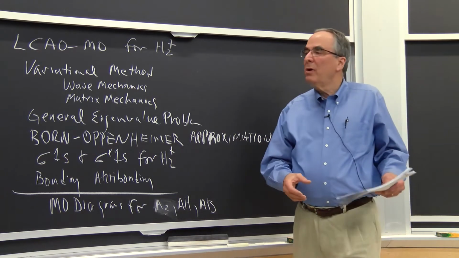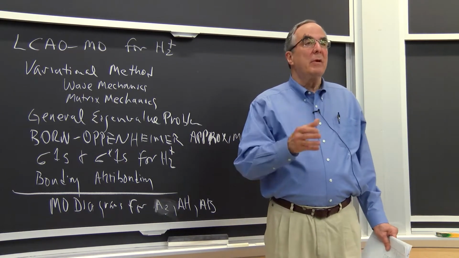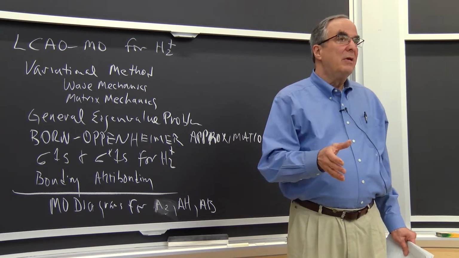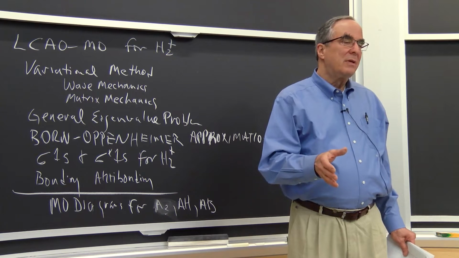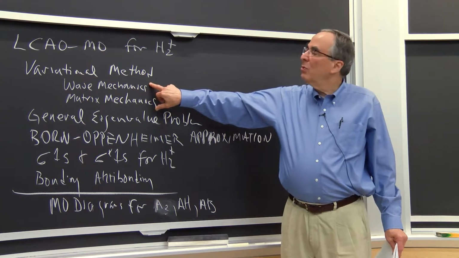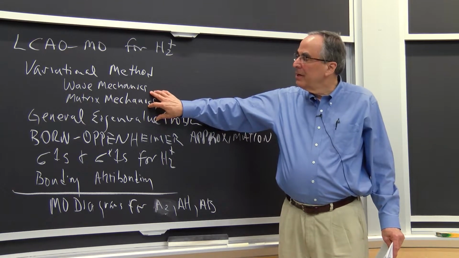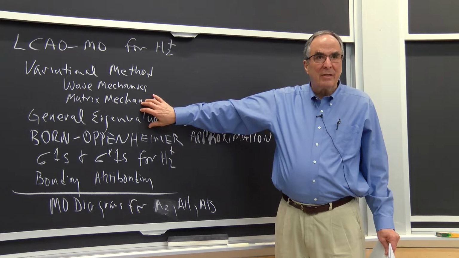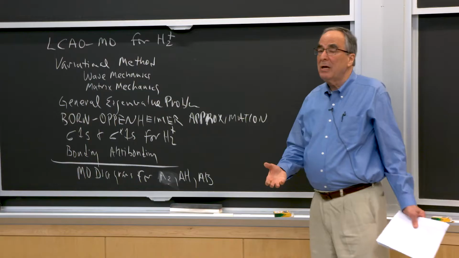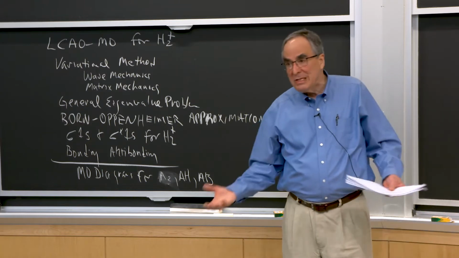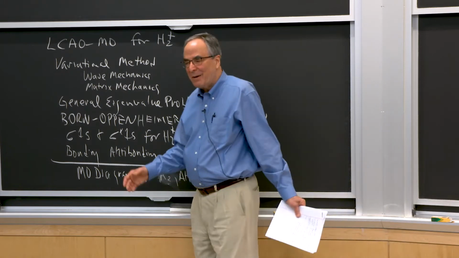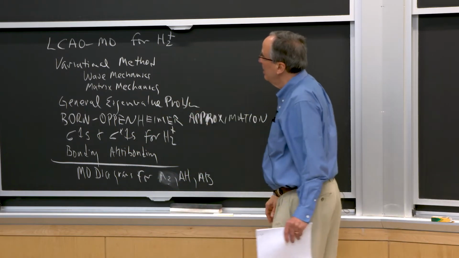And we find the linear combination of coefficients of these orbitals that minimizes the energy. And you can do this in wave mechanics or matrix mechanics. It's more elegant in matrix mechanics, and you should be comfortable going from one to the other. Now, I'm only going to be talking about a 2x2 problem, so you can go easily from one to the other without even taking a breath.